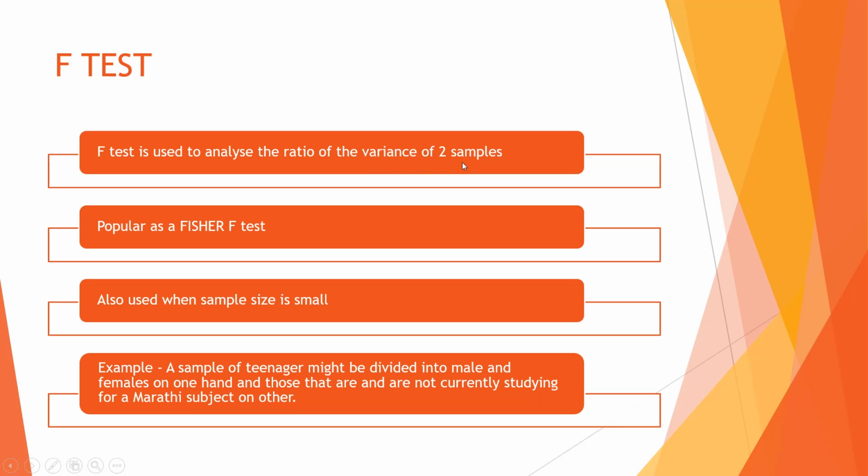What we are comparing, males and females, two samples. Then those who are studying Marathi and those who are not studying Marathi. That means we are sampling two variants, two samples. Now what we will get? We will get a sample of males who are studying Marathi and the males who are not studying Marathi, and the females who are studying Marathi and the females who are not studying Marathi.